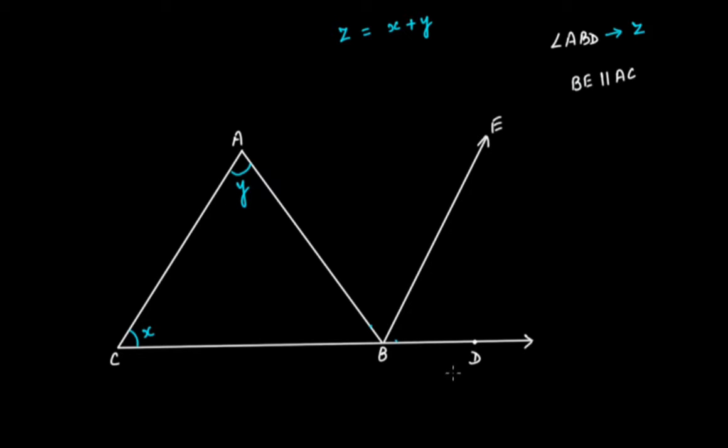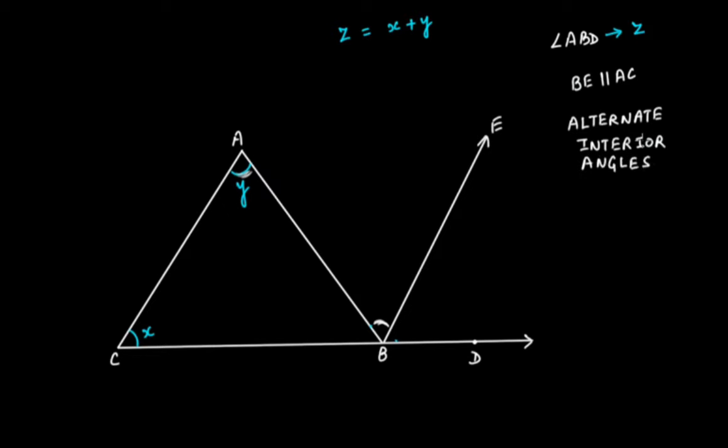Now, since this is parallel to AC, focus on AC and BE. So can we say that this angle will be equal to this angle, this one? Why? Because they are alternate interior angles. They are alternate interior angles, right?